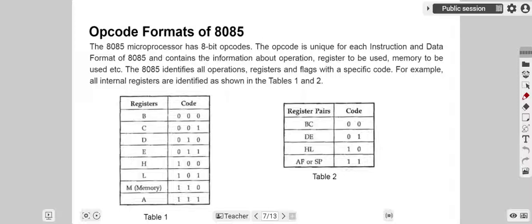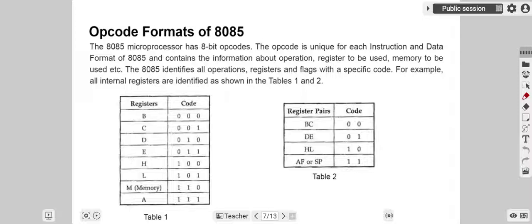The microprocessor can only understand the language of zeros and ones, that's why this table has been provided here. With only 7 registers in 8085, A, B, C, D, E, H, L, 3 bits are enough to specify a register, because with 3 bits we can specify 2 raised to the power 3, that is 8 registers itself.